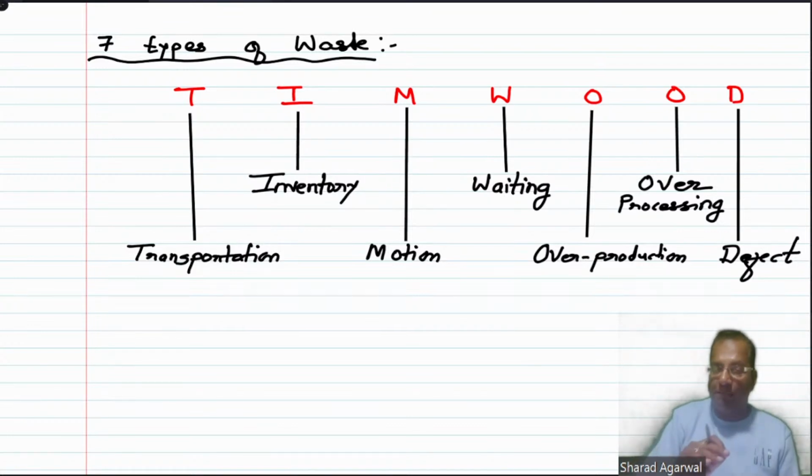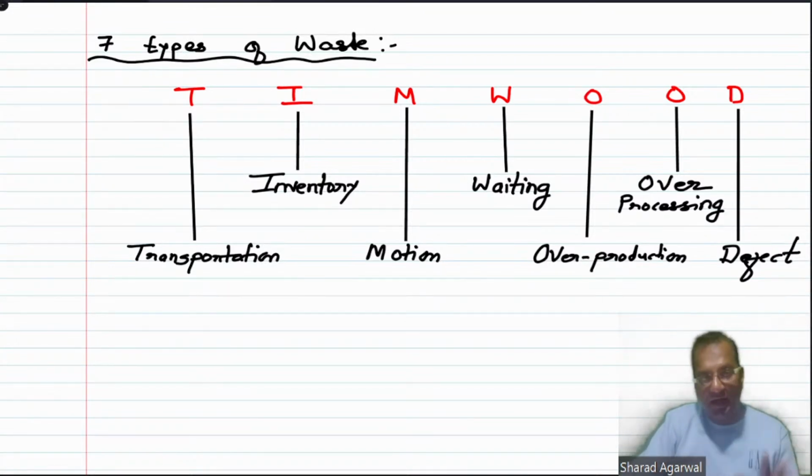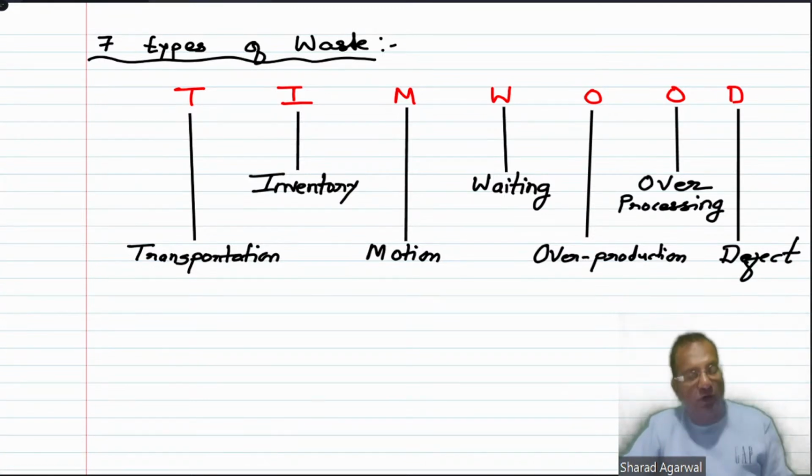So what is not prohibited? Keeping the inventory. What is prohibited? Keeping inventory more than what is minimally required at any given point of time. So you can maintain inventory of raw material, WIP, finished goods, that is not at all prohibited in a lean system. What is prohibited? Having inventory more than what is minimally required at any given point of time. Please write down, beta.